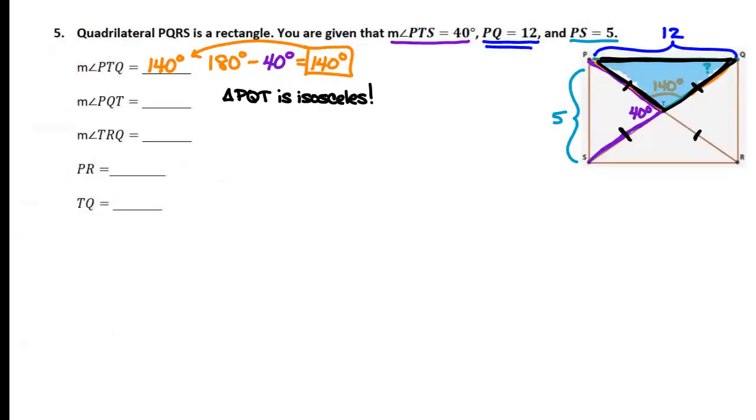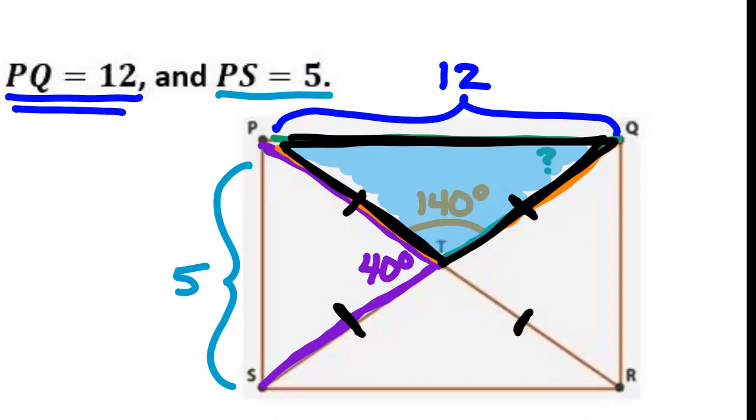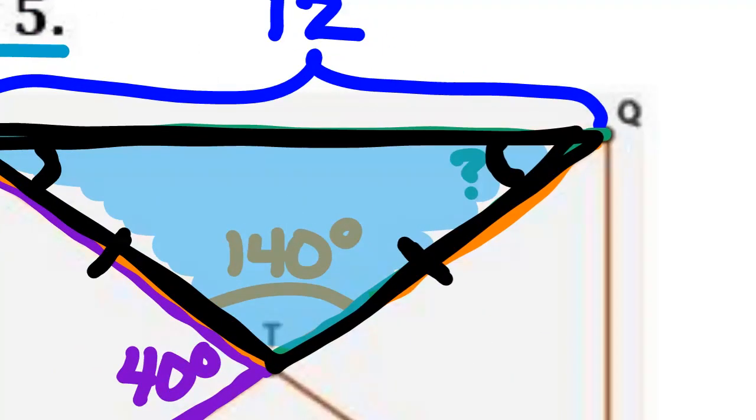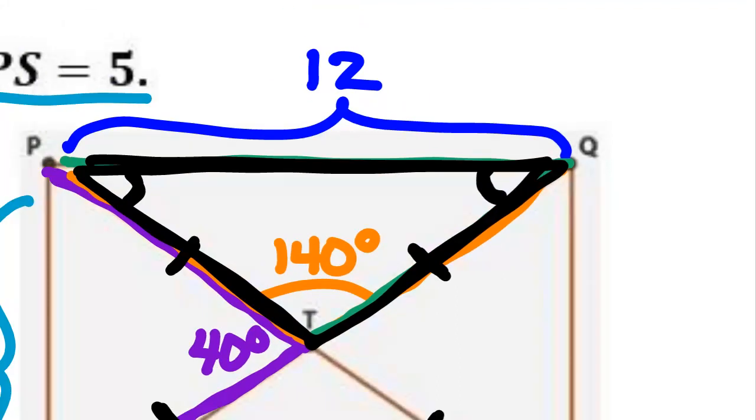An isosceles triangle has two congruent sides, and it also has what? Two congruent angles. These two angles right here are congruent to each other. I don't know how big either one of them is. So what could I call that angle if I don't know how big it is? X.